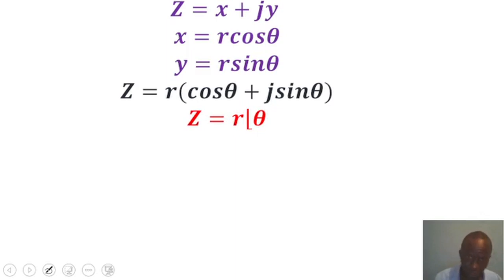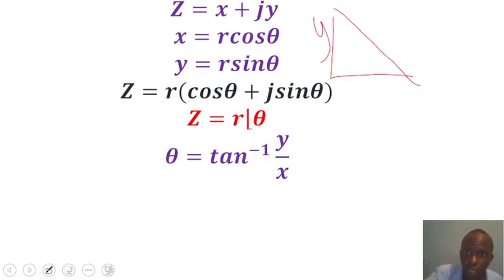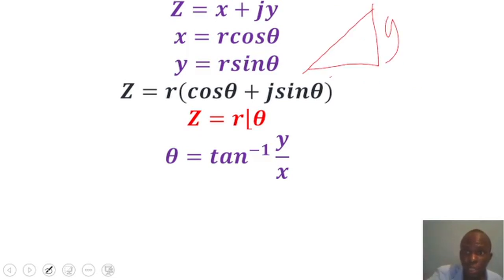Z is equal to r, the argument is theta. Now what is theta? From our basic trigonometry, if this is our triangle, let me draw it this way. If this is the triangle, this is y, this is x, and that is theta.